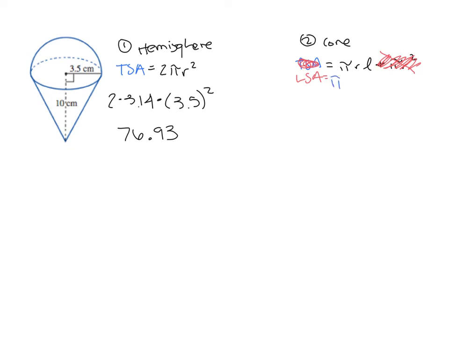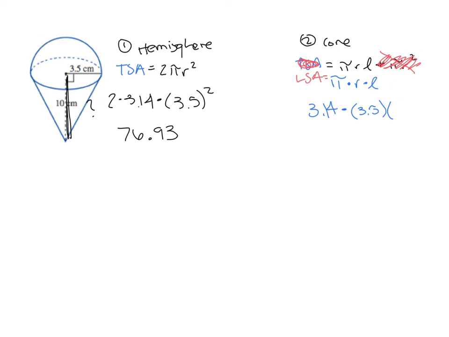Now let's find the other surface area, which is pi times r times slant height. Pi, we're going to use 3.14 times the radius, which we already know is 3.5, times the slant height, which they didn't give us. They gave us the actual height of the cone, but not the slant height.